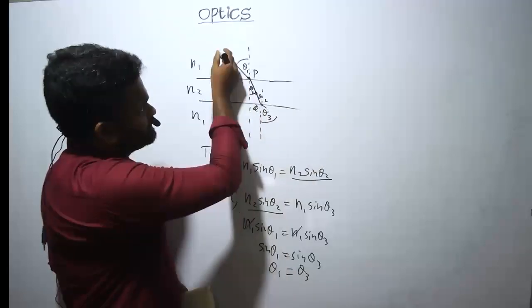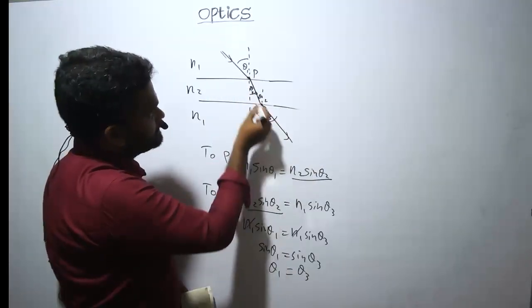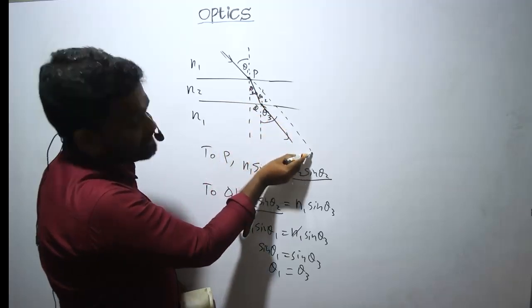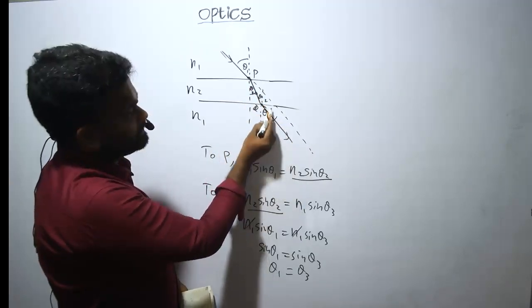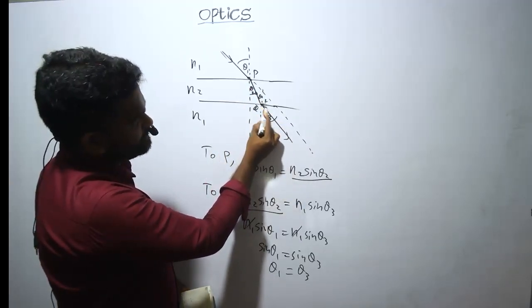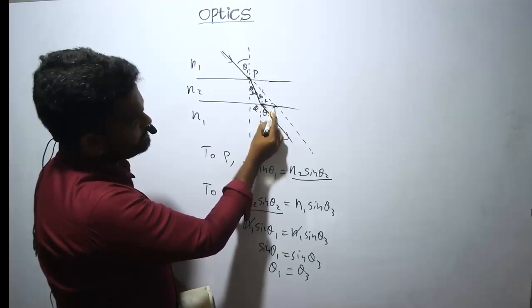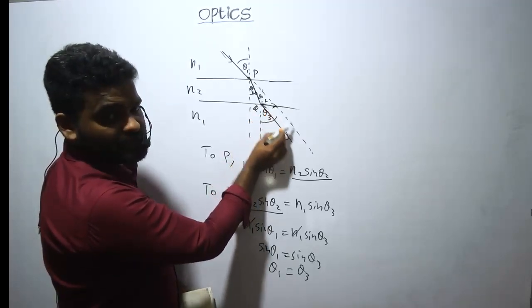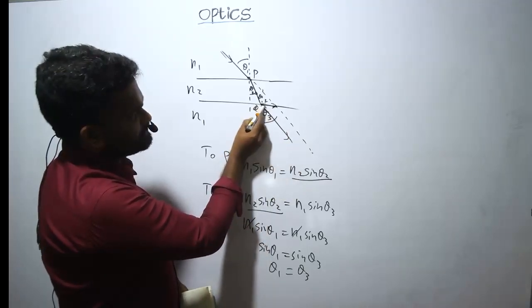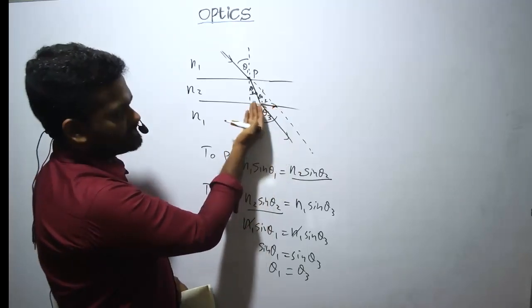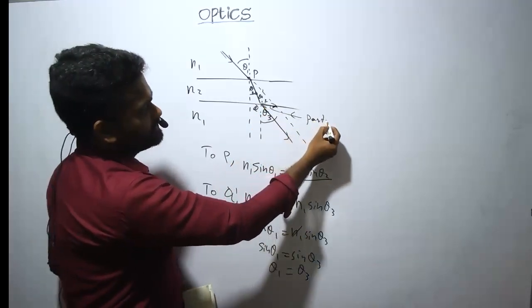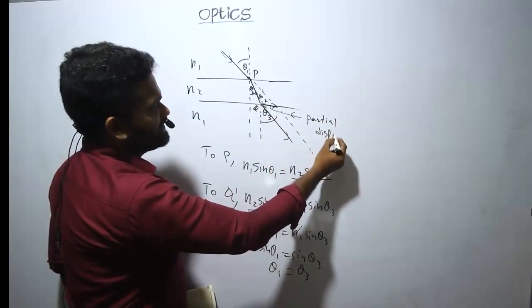We know that this one and this one are parallel. If you extend this, it comes like this. So you can see there's a displacement here. This is what we call lateral displacement. The ray should emerge from here, but it has moved backwards. So this is what we call lateral displacement.